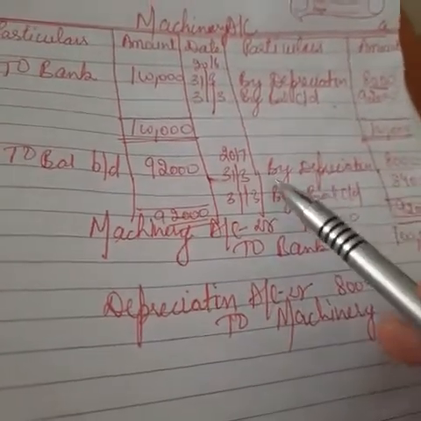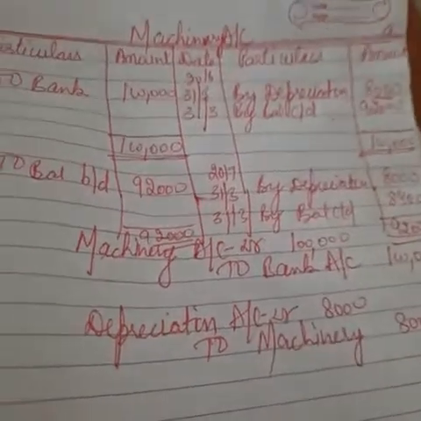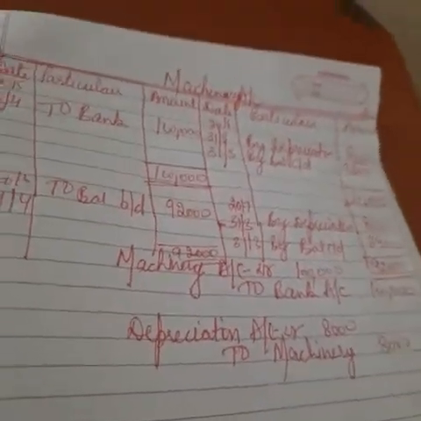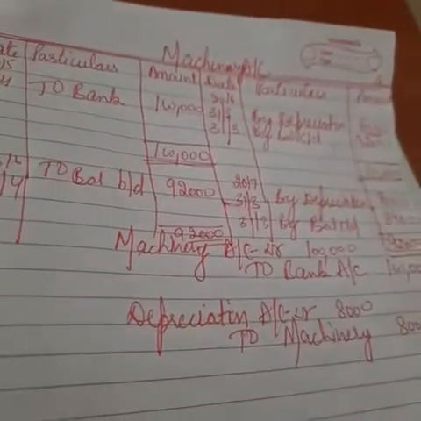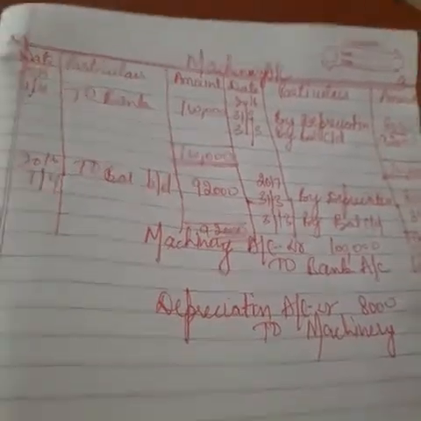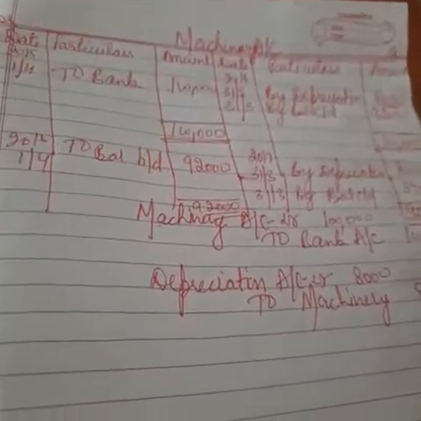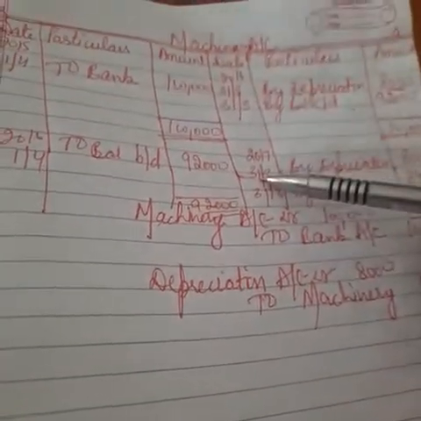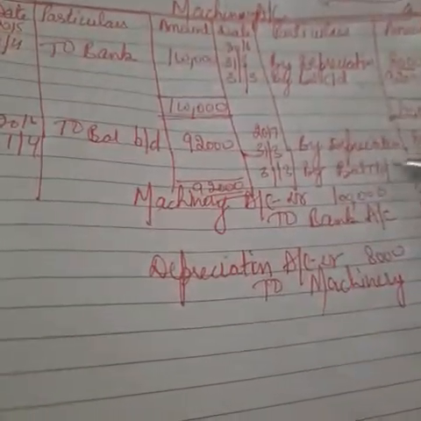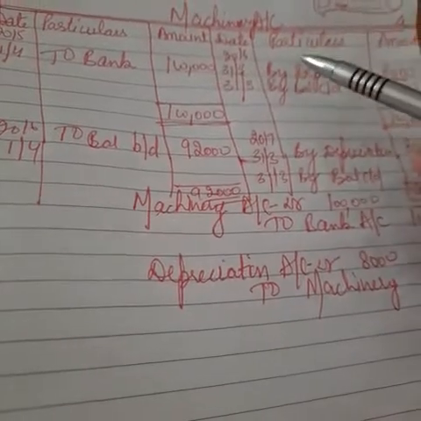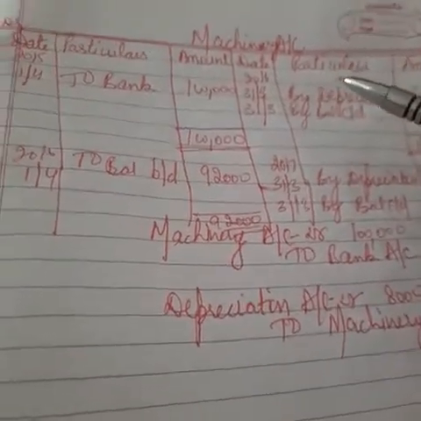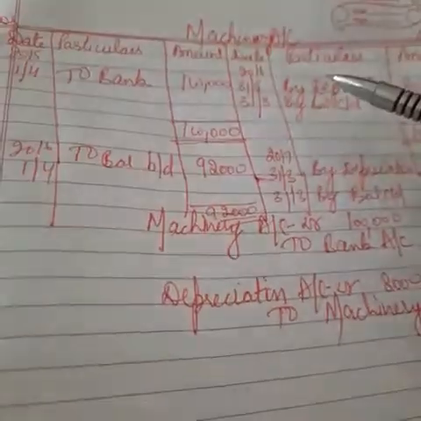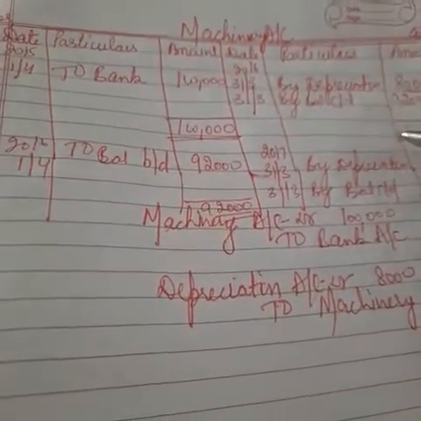So this is how you have to calculate till it will become 0, or you have to calculate for the number of years that is already given in the question. If the question will say that prepare machinery account for 4 years, then you have to just charge depreciation up to 4 years only. Like it depends upon the question, like for how many years we have to calculate depreciation.